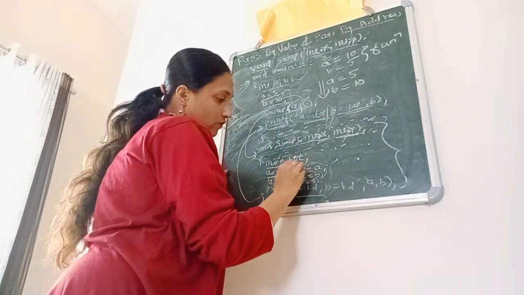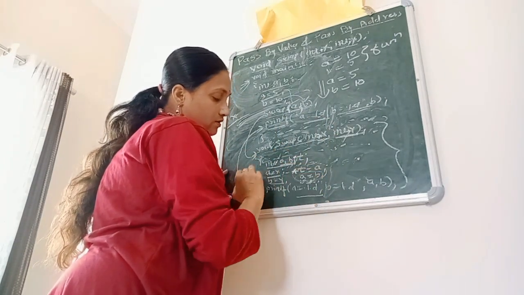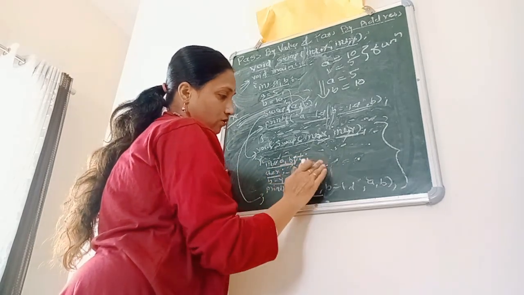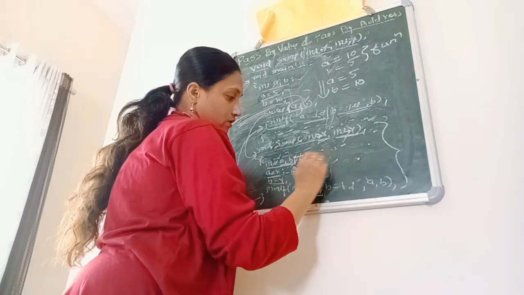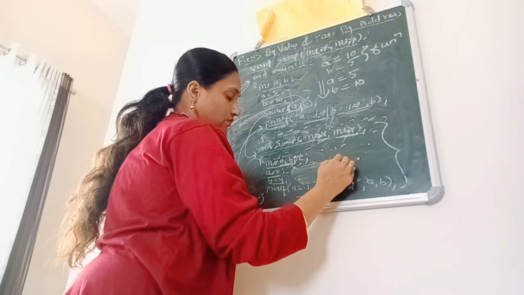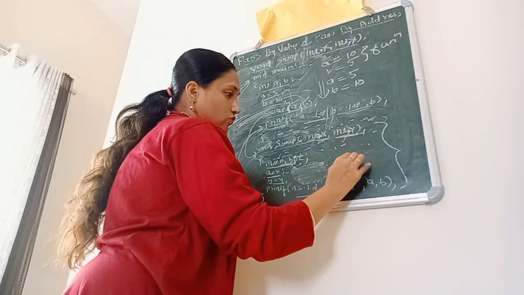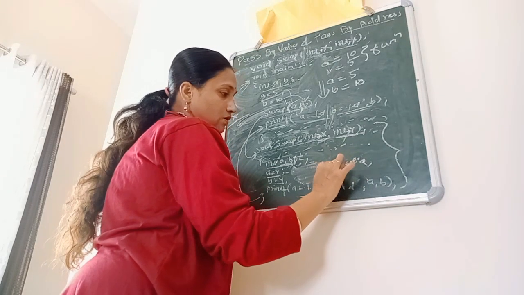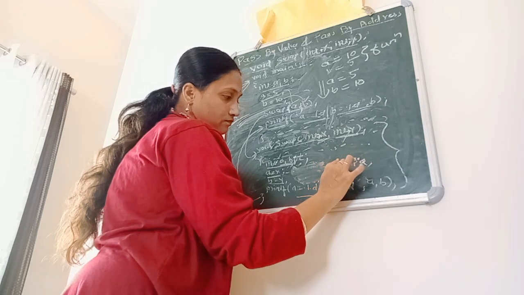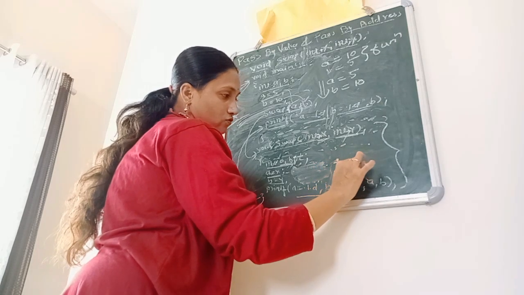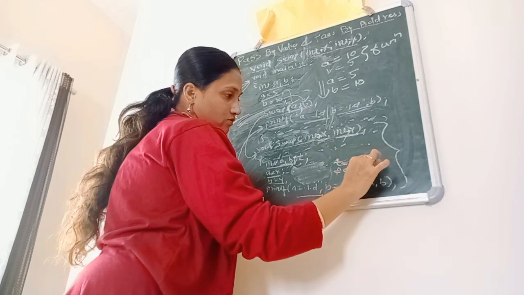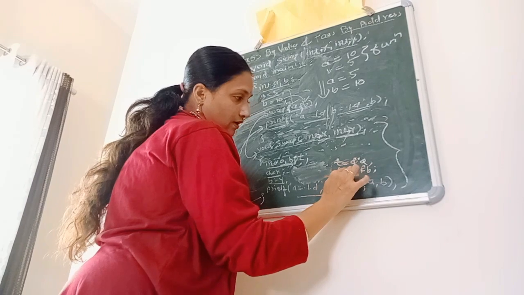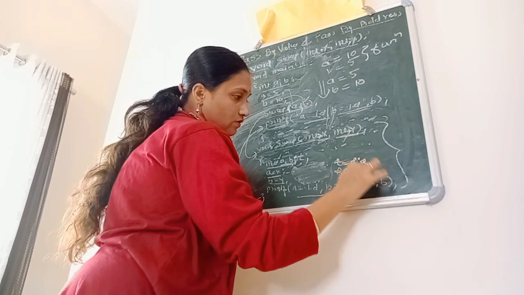Now here we take star p, or we'll see how to write it. t equals address of a. Now address of a equals address of b, and address of b equals t.